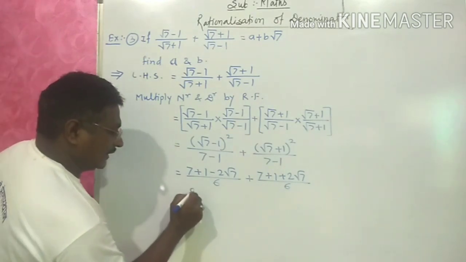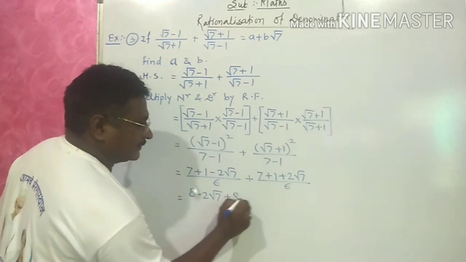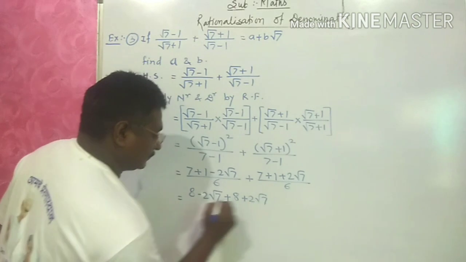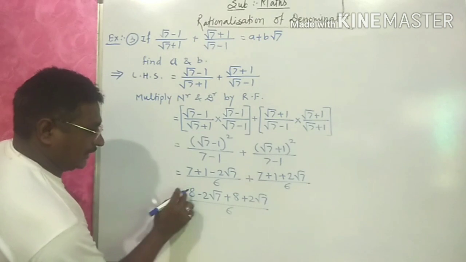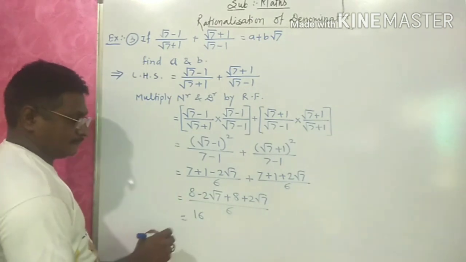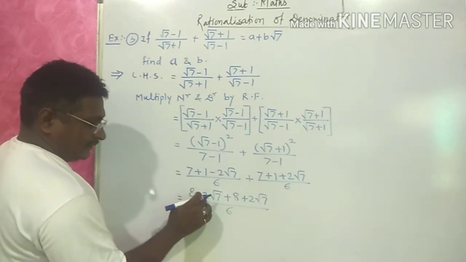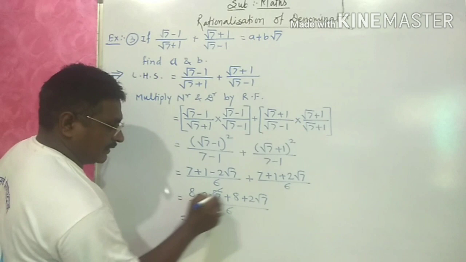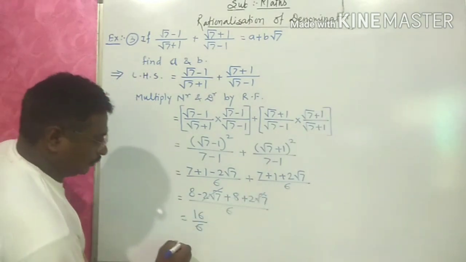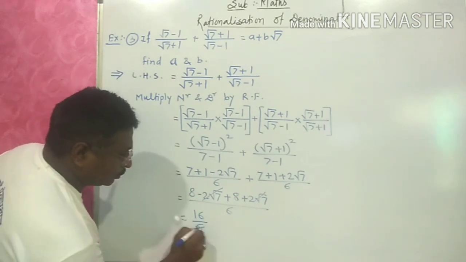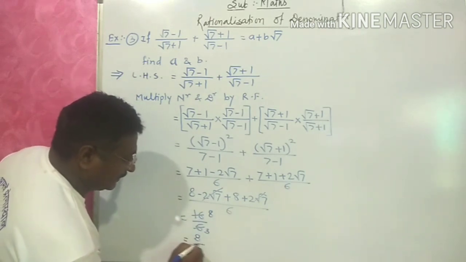So what will we get? 8 minus 2 root 7 plus 8 plus 2 root 7 by 6. So 8 plus 8, 16. Now 2 root 7 minus 2 root 7, root 7 cancels. So what will we get? 6. So what is the answer? 2 3s are 6, 2 8s are 16. So 8 by 3.